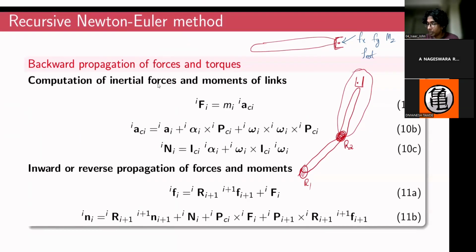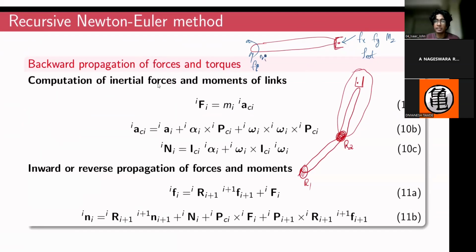And at this point, at probably this location, you will have the reaction forces. Maybe I'll label this as Fi. And if there are reaction moments, we can also call them the reaction moments, maybe small ni.